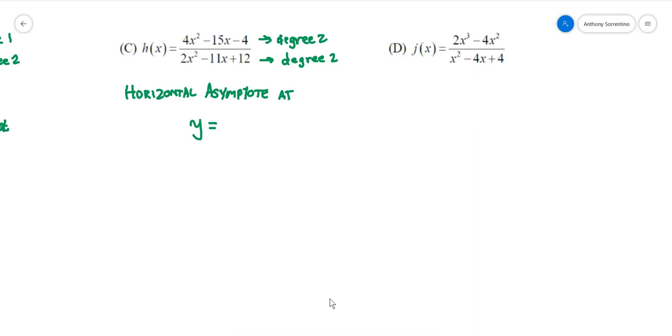Since x squared is the highest power of x on top, 4 is the leading coefficient. X squared is the highest degree on the bottom, so 2 is the leading coefficient. So this is going to be 4 over 2. So y equals 2 is the horizontal asymptote.